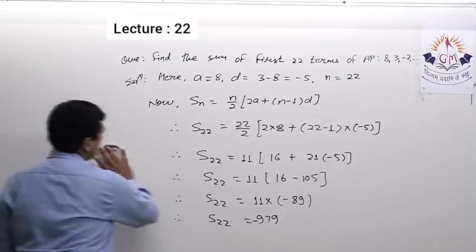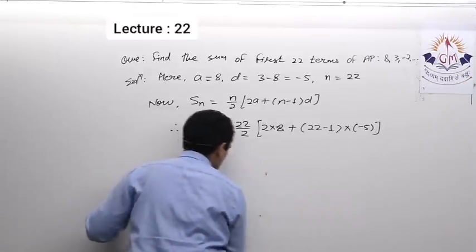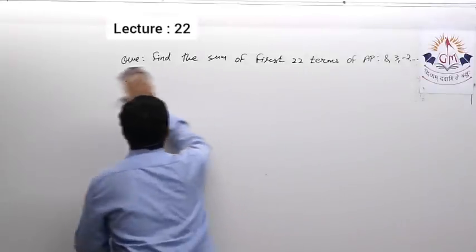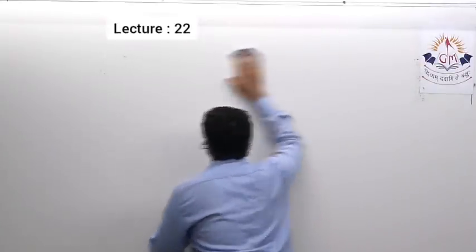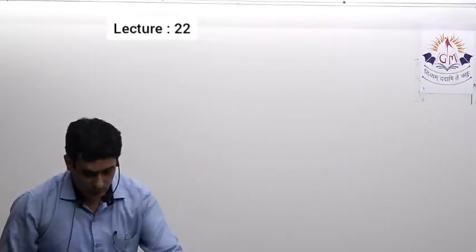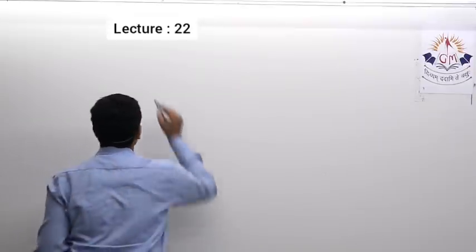Okay, now the next question is: find the sum of first 1000 positive integers.